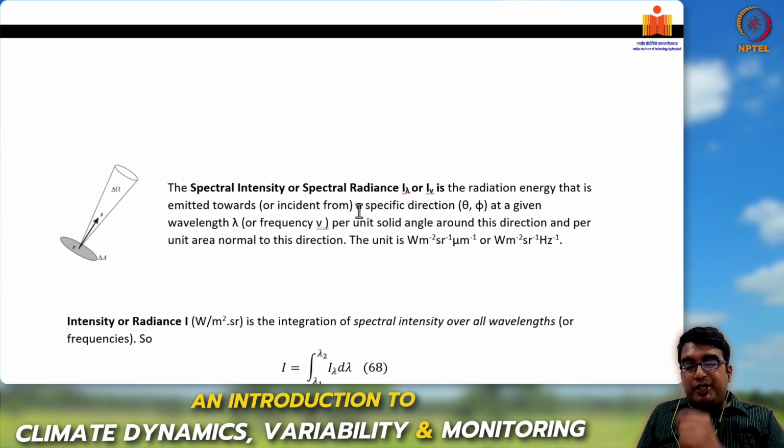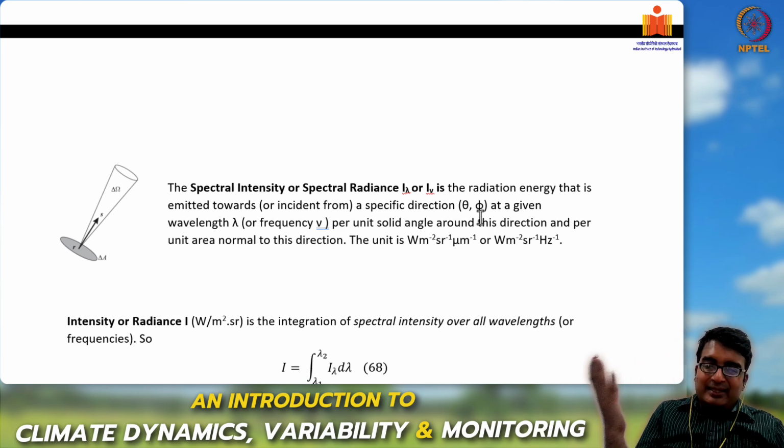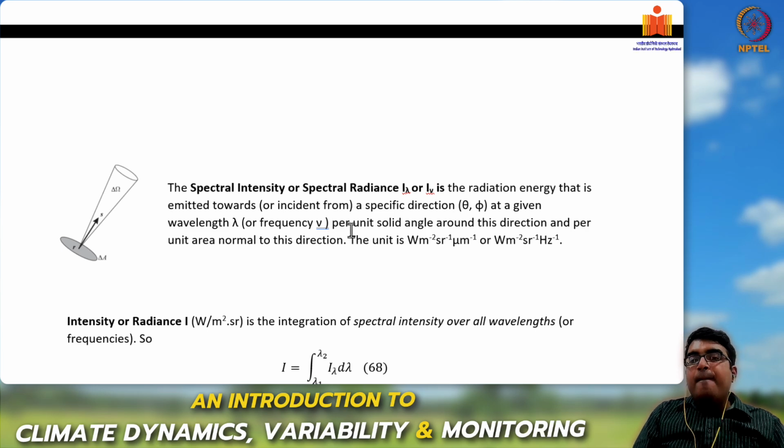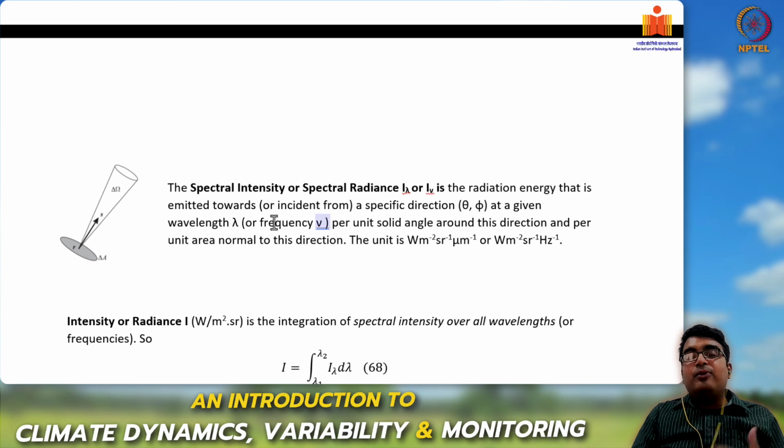So it is the radiation energy that is emitted towards or incident from a specific direction, theta and phi. The direction is defined by the zenith angle theta and the azimuthal angle phi at a given wavelength lambda or frequency nu, hence the subscript lambda or nu, per unit solid angle around this direction.